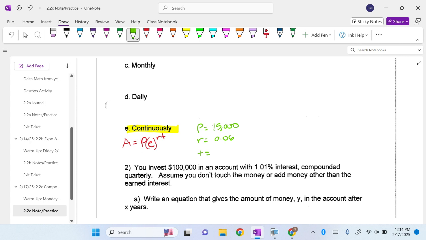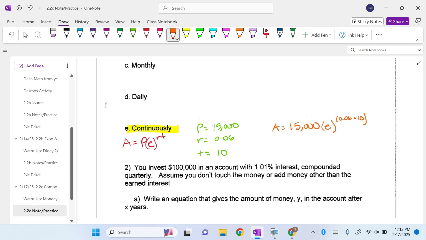How many years have gone by? 10. So I'm just going to replace all of these into my formula. So I have A is equal to 15,000 times E, all raised to the 0.06 times 10. That's all I did.